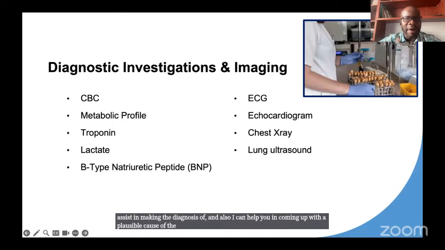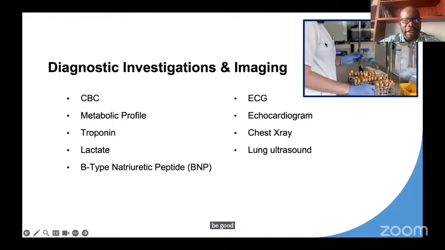Then you can unmask some of the exacerbating features or causes of the cardiogenic shock. It also helps you to assess the amount of end organ damage that has occurred, and this can give you an indication of the severity of the shock.